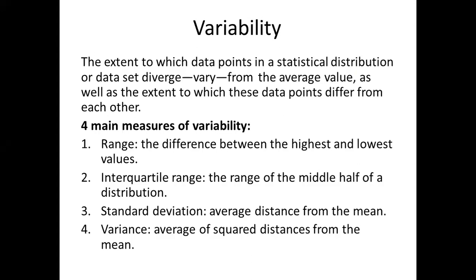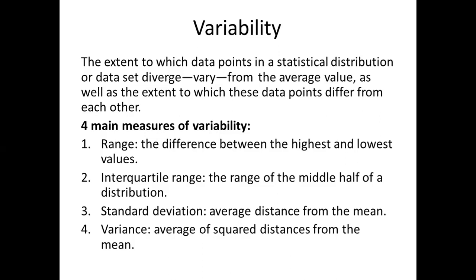Second, interquartile range is the range of the middle half of a distribution. So when data is plotted as a graph or in histogram manner, the way the data will be falling can be concluded with percentiles as well.